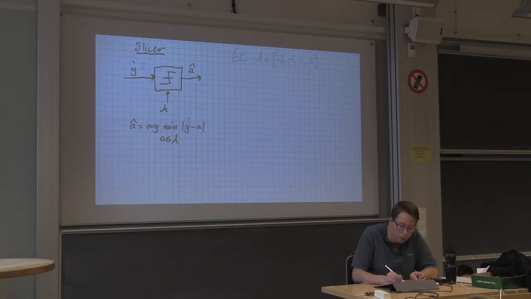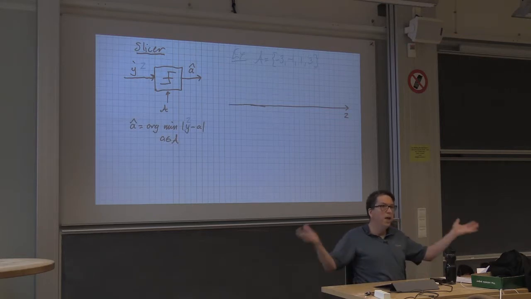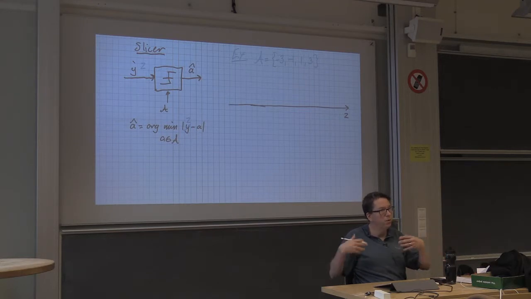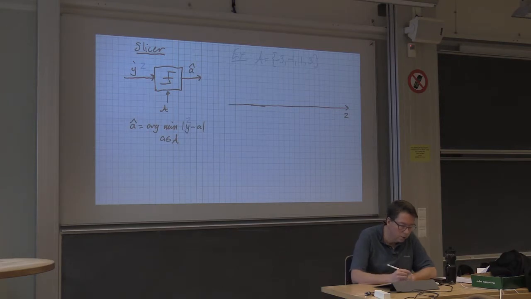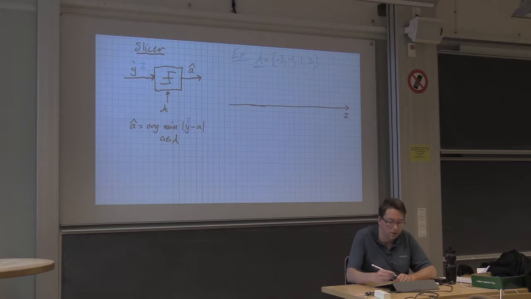Okay. So if we draw a line here, so we know that Z, the input, could be any number, right? And for each of these numbers, we need to figure out what A hat is. Okay. So one simple thing to do is to take each element of A and plot that on the Z axis here.